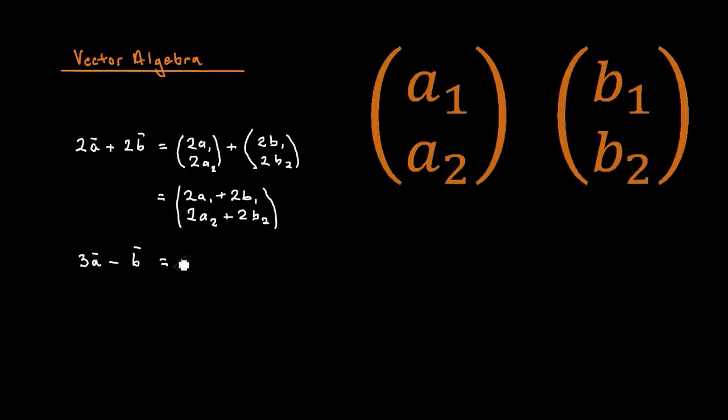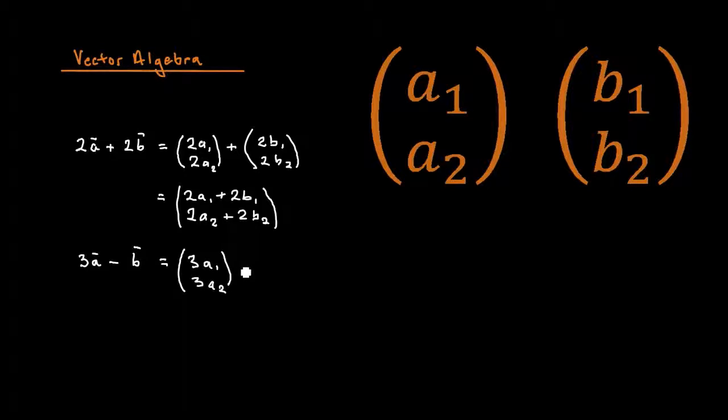We could skip a step, I think, and go straight for this. But let's just do it step by step, nice and easy. Okay, so we've got 3A1, and we've got 3A2. So that's sorted out the first set of brackets, the first two components in vector A. So we've now got 3A.